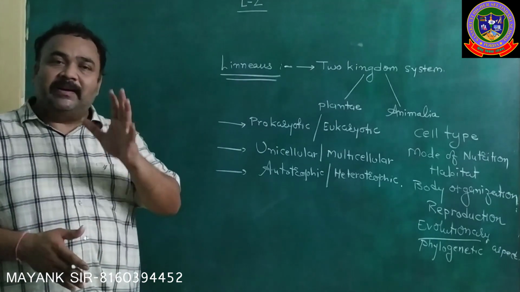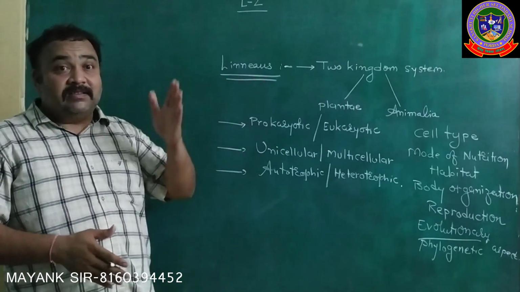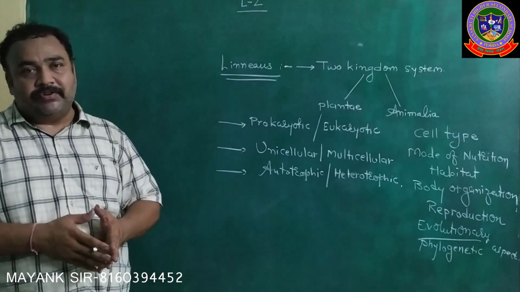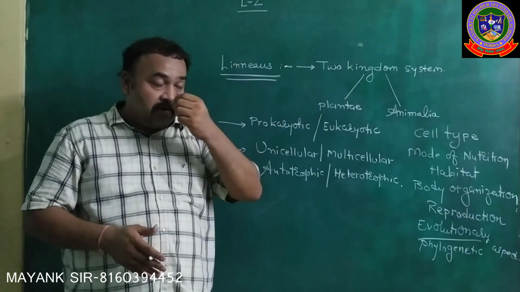So this was the contribution of Carolus Linnaeus in systematics or classification. He proposed the two kingdom system of classification.